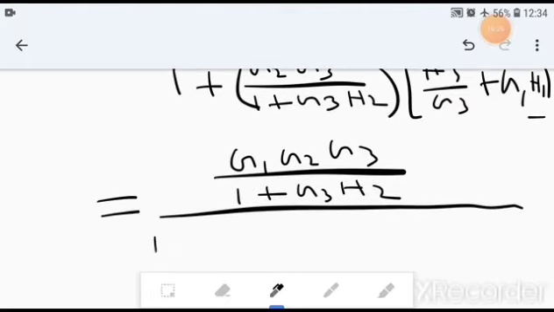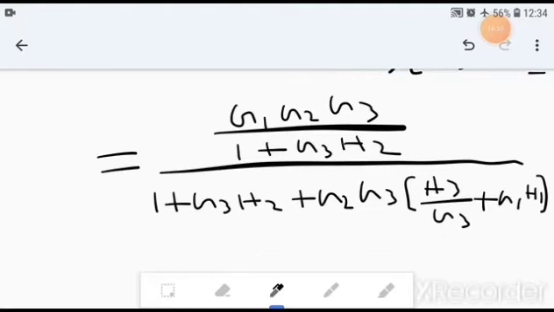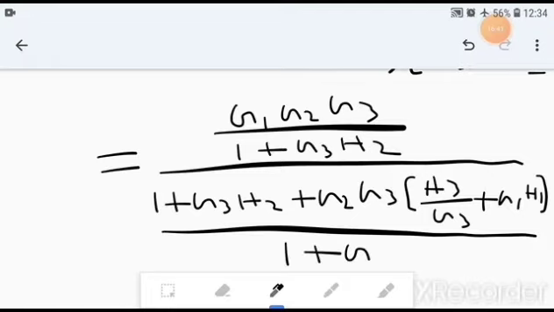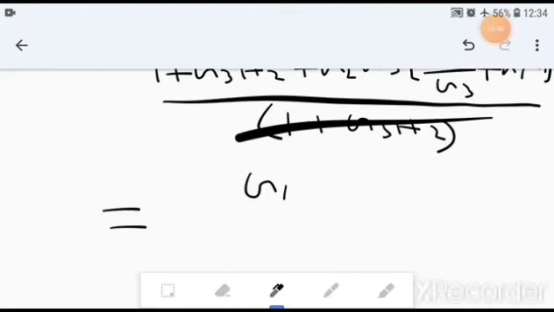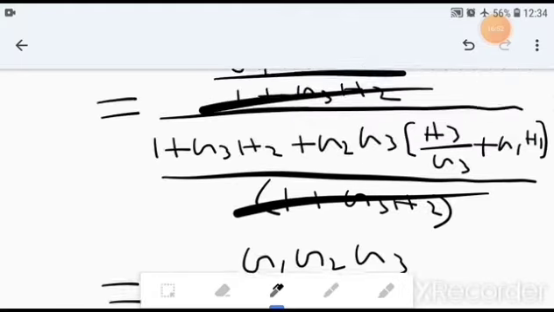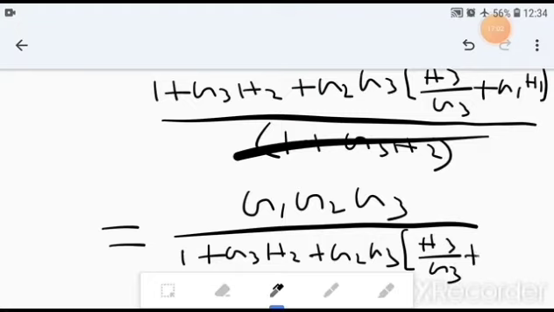So when we take the LCM, here we get 1 plus G3 H2 plus G2 G3, and here we have H3 by G3 plus G1 H1 whole divided by 1 plus G3 H2. So this 1 plus G3 H2 and this 1 plus G3 H2 will get cancelled. The final answer we get is G1 G2 G3 whole divided by 1 plus G3 H2 plus G2 G3 into H3 by G3 plus G1 H1.